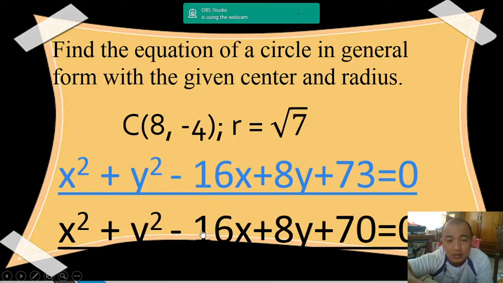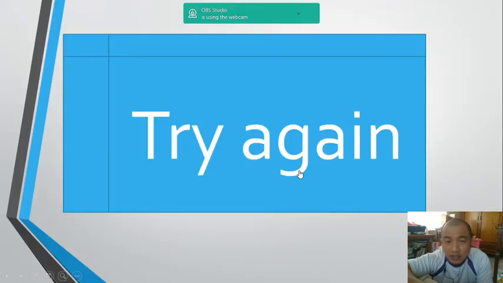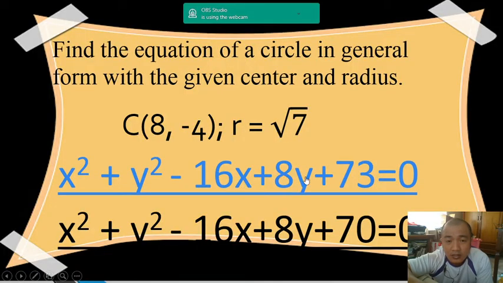What's your answer? The two are similar; the difference is only plus 73 here, plus 70 there. If your answer is plus 70, then try again. The correct answer is x² + y² − 16x + 8y + 73 = 0.